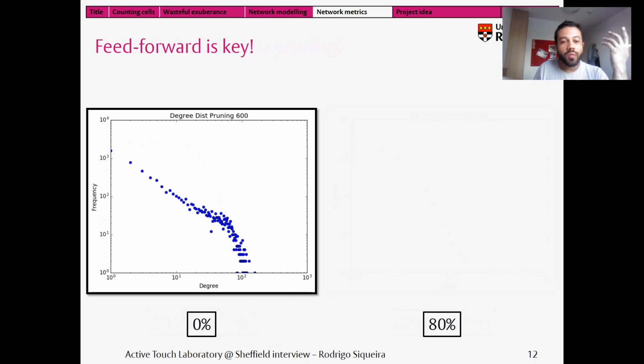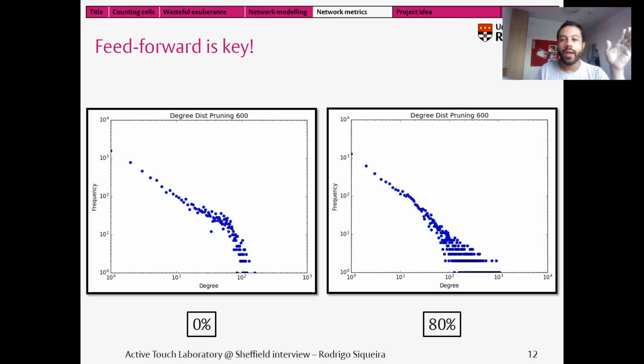So if you have no feed-forward, even with preferential attachment, preferential death and synaptic pruning, you lose the power law distribution. When you go to, like, again 80% of feed-forward, you go back to almost what the power law would be. So this was the project I was involved in, that was with computational modeling.